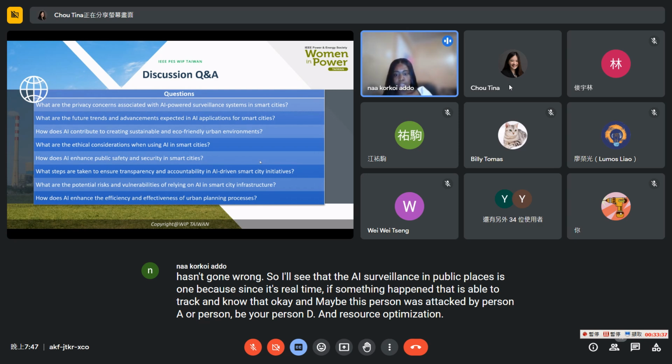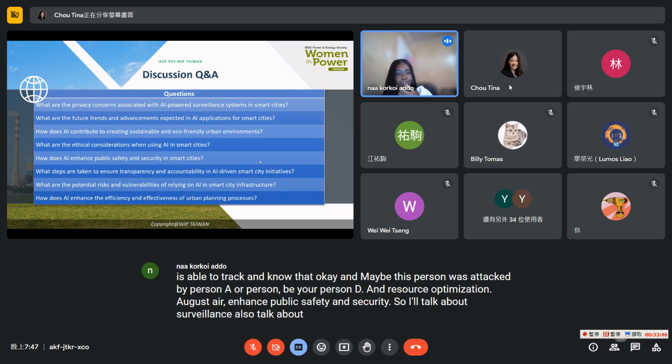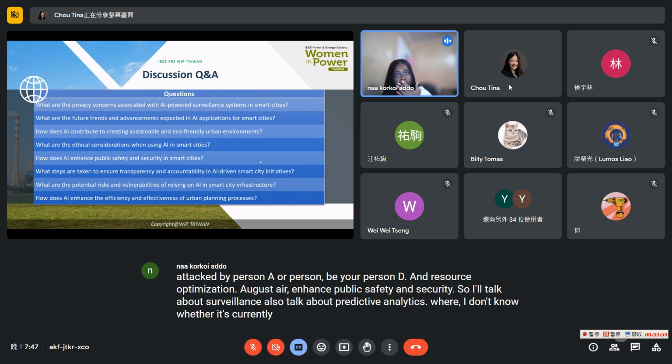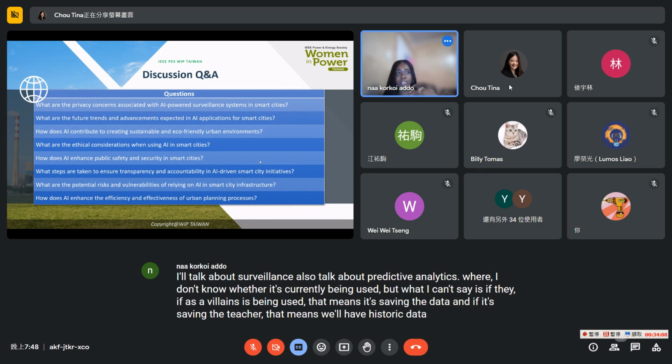How does AI enhance public safety and security? I'll talk about surveillance, and also predictive analytics. I don't know whether it's currently being used, but if AI surveillance is being used, that means it's saving the data. And if it's saving the data, we'll have historic data and new data every time.